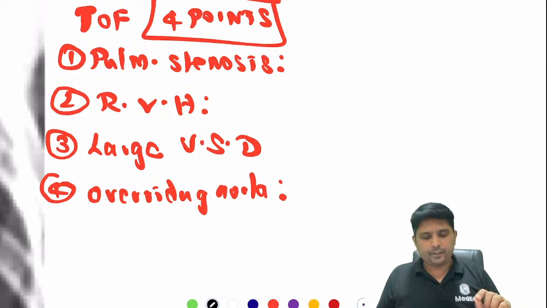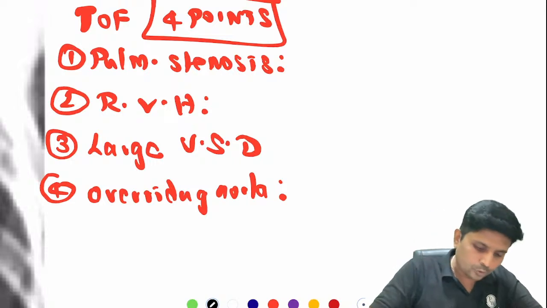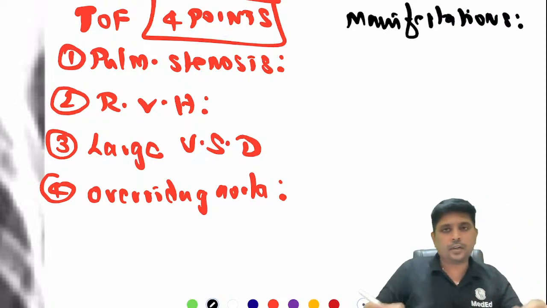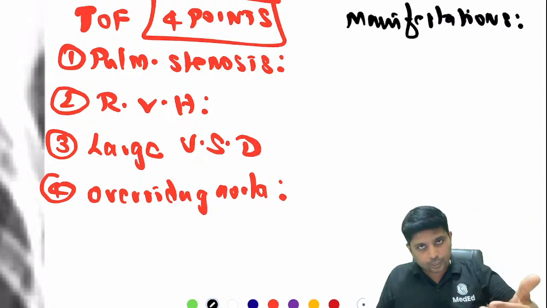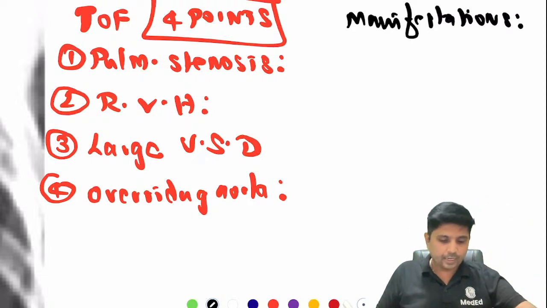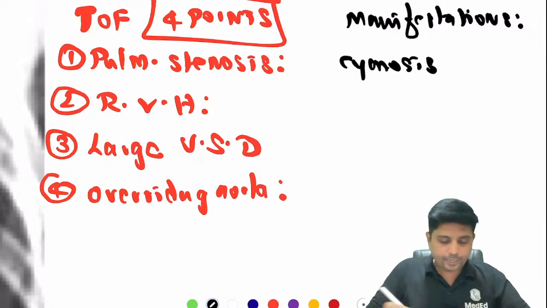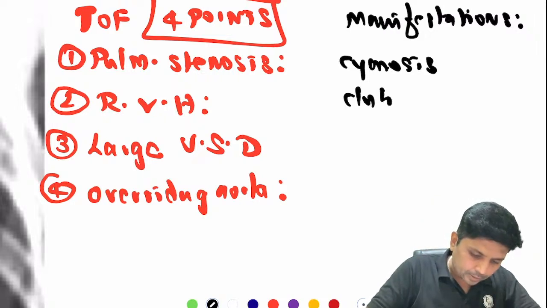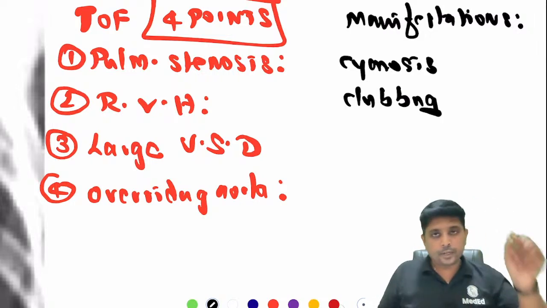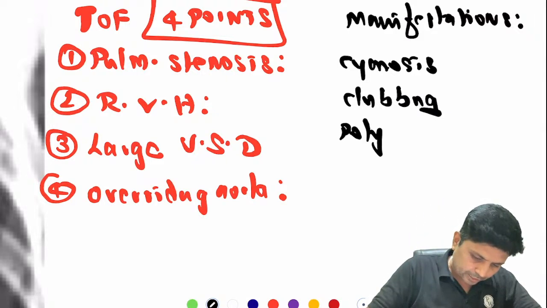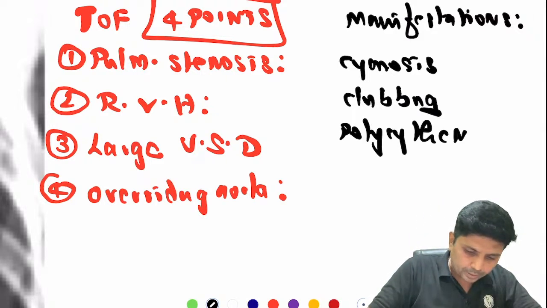So what are the manifestations? Because of poor blood flow into the lungs, oxygenation cannot occur, leading to cyanosis. Because of that cyanosis, you have clubbing. Because of cyanosis, you have erythropoietin induction, leading to polycythemia.